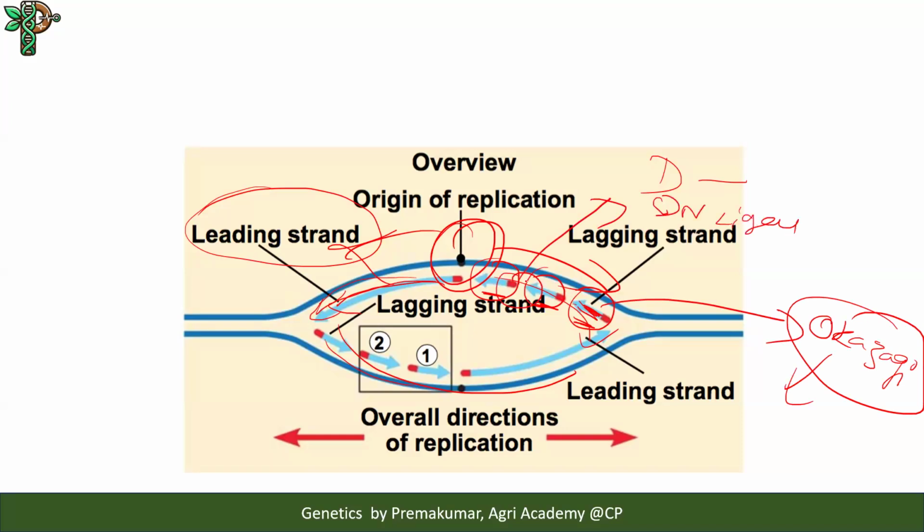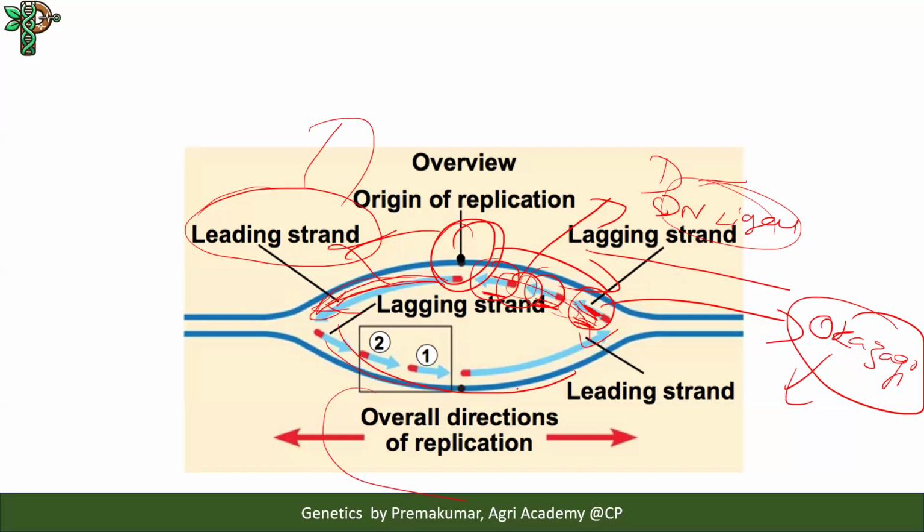If the replication of the strand occurs through the formation of Okazaki fragments, and after that the Okazaki fragments are joined by DNA ligase, that replication is called lagging strand replication. If the DNA replication proceeds continuously without any formation of Okazaki fragments, that is called the leading strand.